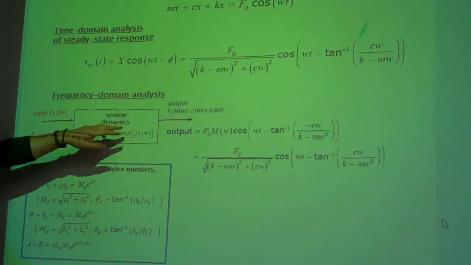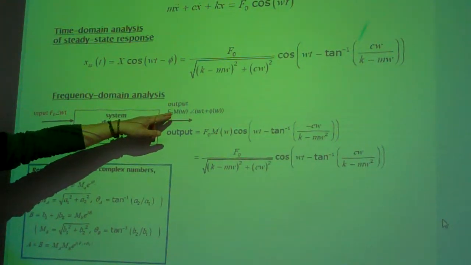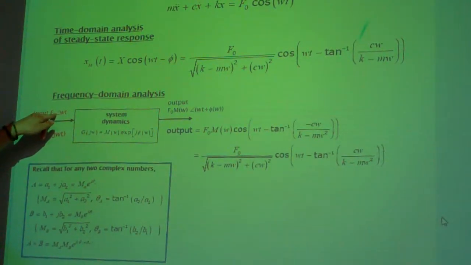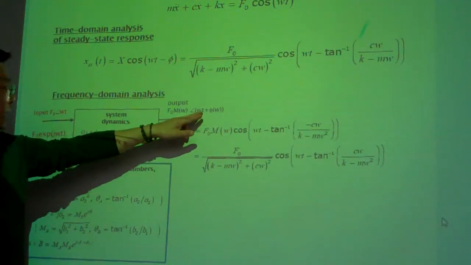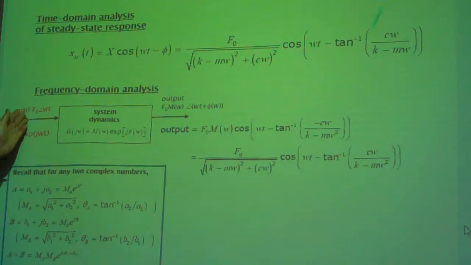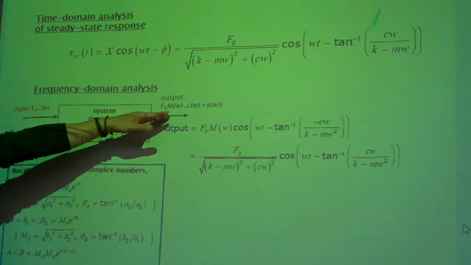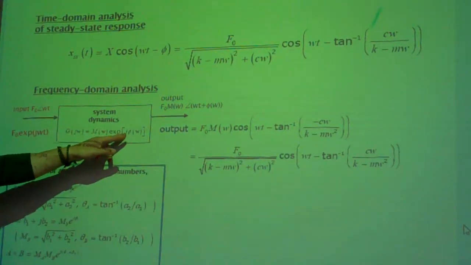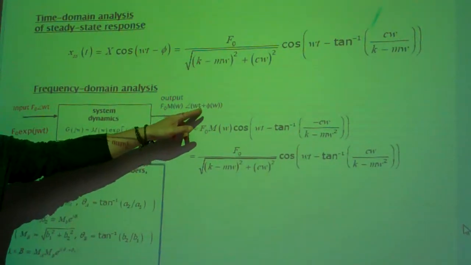So again, the magnitude of the output equals the magnitude of the transfer function times the input. The phase angle simply is the addition, because they multiply together to get the output. So the phase angles must be added together: omega t plus this angle here. Okay, so that is the form.